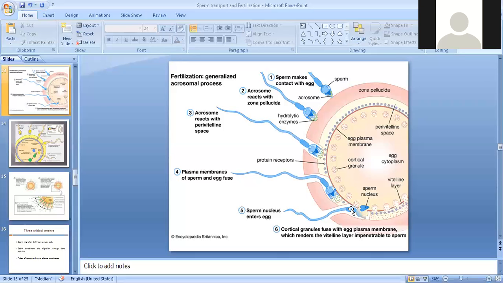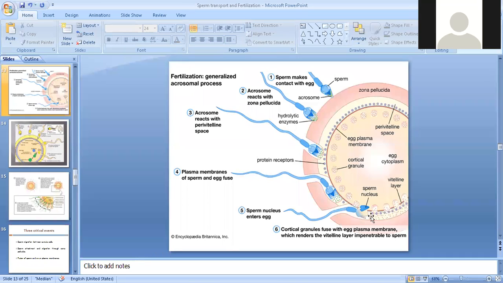But once it comes in contact with this zona pellucida, there are these cortical granules present just next to the zona pellucida. So once this sperm head comes in contact with the vitelline membrane, these cortical granules get activated and release the proteinases and other components which form a thick plug-like structure, which is visible over here.